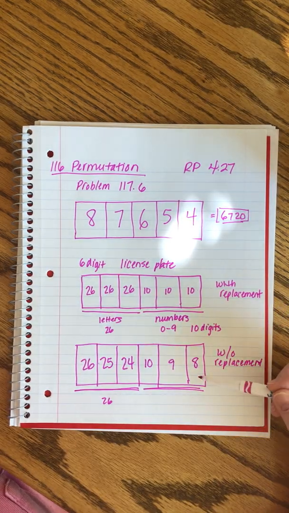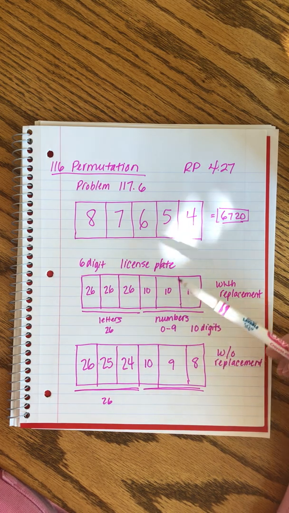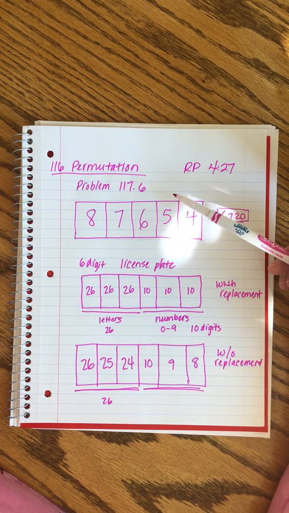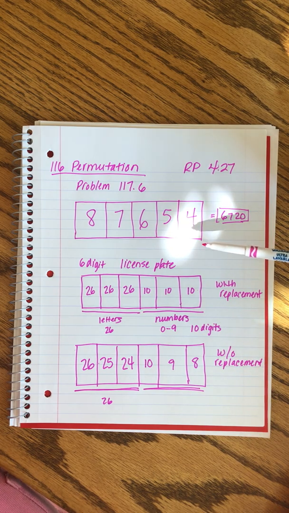Okay? I don't have the numbers for running those out. I don't have my calculator available to me, as you well know. But this is the challenge of permutations, is that you have to logically think about each scenario. You have to either notice what John says about whether or not there's replacement, or you just have to use common sense, right?